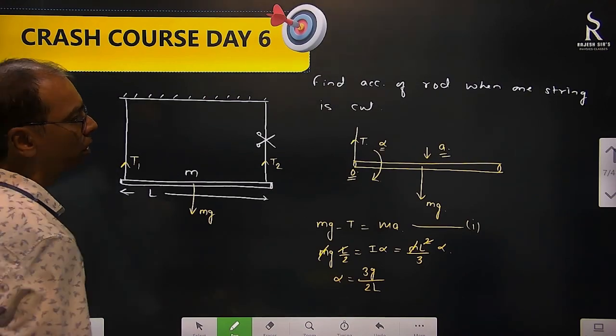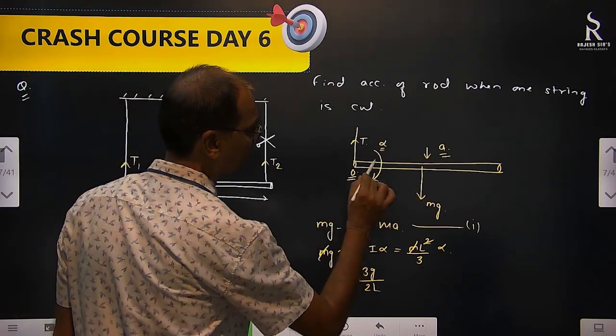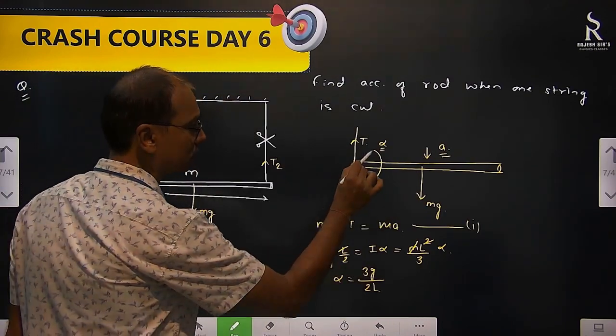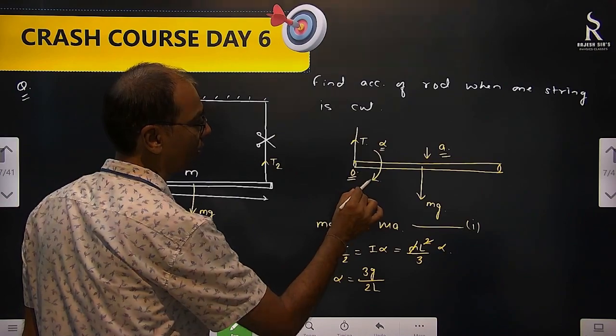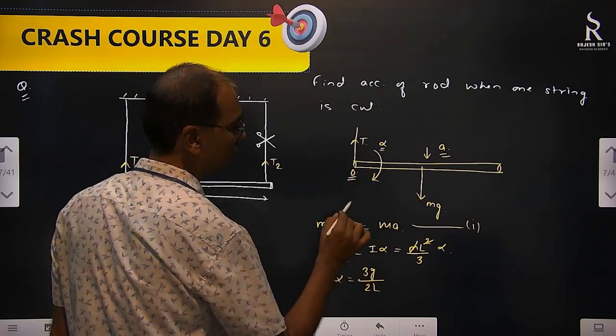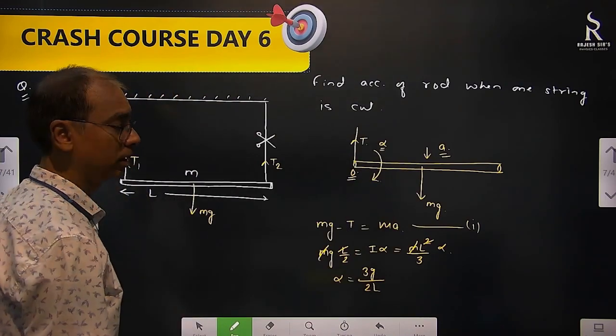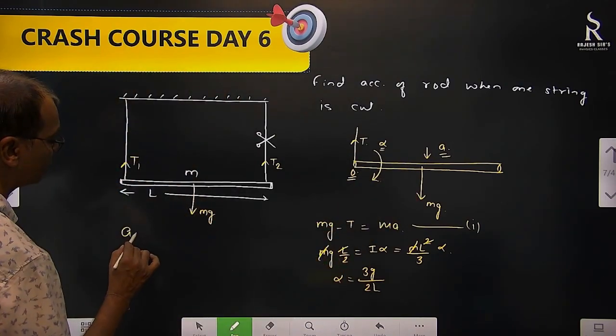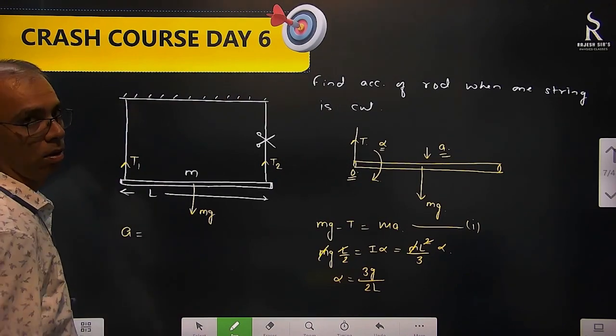So what will you do? We are going to find the relation between this acceleration and alpha. If this is going with angular acceleration alpha, then what will be the acceleration of this point? Is it in pure rotation about this? Yes. So I can say acceleration has to be r alpha. What is r?